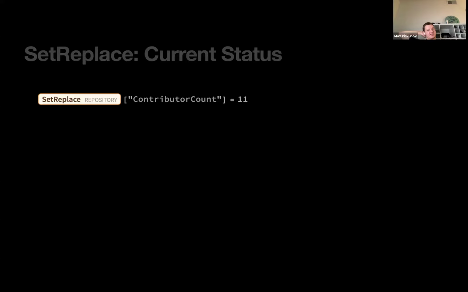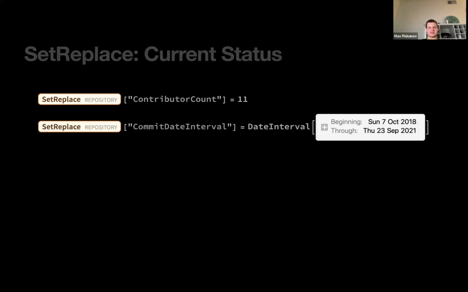let me explain what the current state of SetReplace is. SetReplace has 11 contributors in total, but the commit interval is from end of 2018 to September of 2021. And unfortunately, I haven't done anything with it since then.